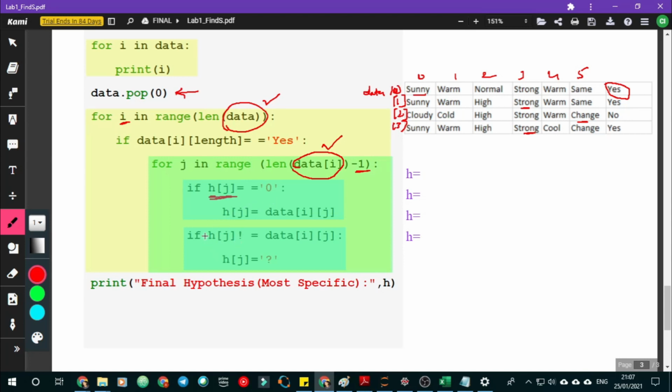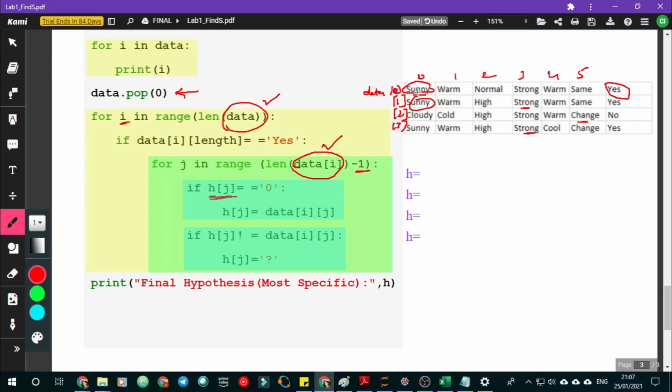Next is, if H of j is not equal to data of i j, that means we are just comparing sunny with sunny. We are not comparing the data sample with the data sample, we are comparing the hypothesis with the data sample.